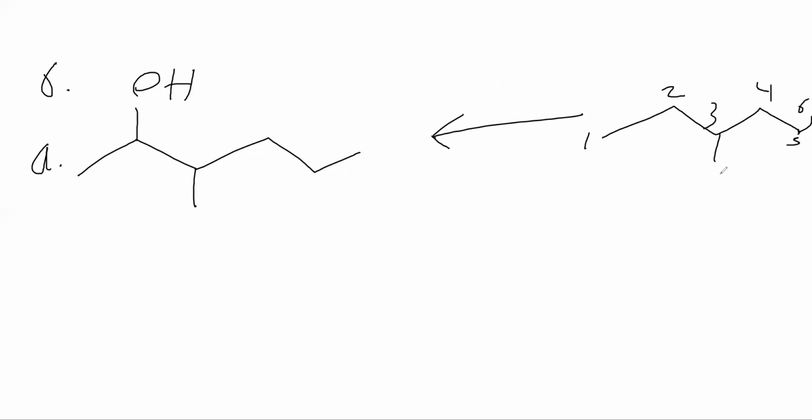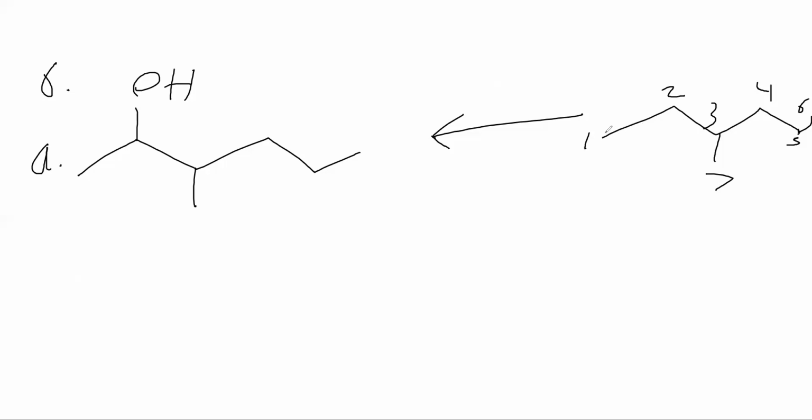Carbon 6 is at the end, but it's not super important. So what is one way we could form this alcohol? First, it's important to say where the double bond is, and then we can figure out what set of conditions we can use.